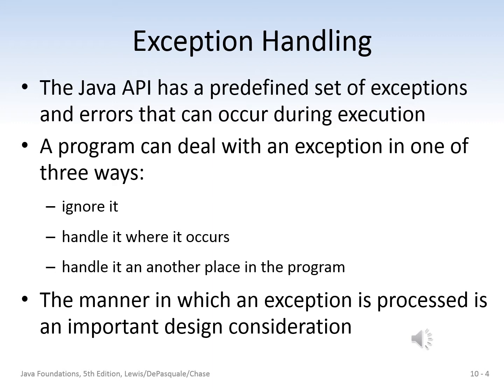So the program can handle an exception one of three ways. It can ignore it, handle it when and where it occurs, or handle it in another place in the program. And how we handle exceptions and how we continue processing after an exception is a very important design consideration.